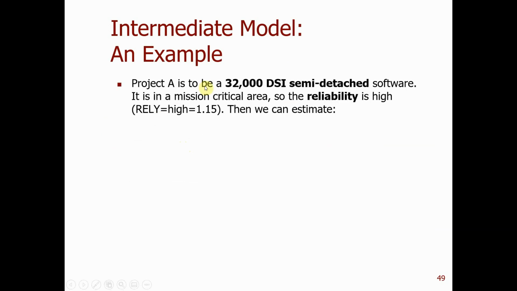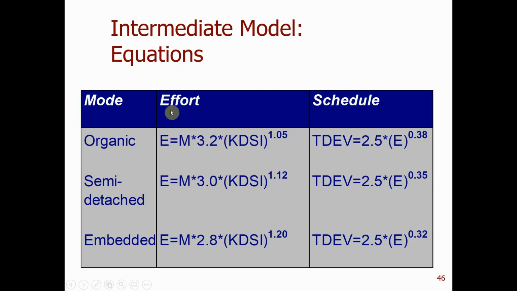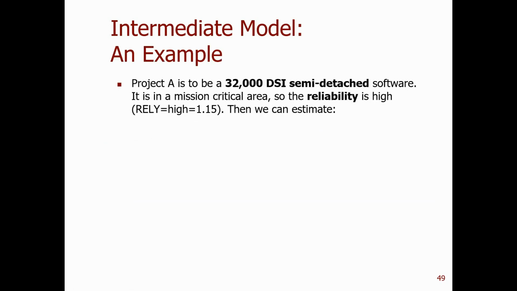Project A is 32,000 DSI and semi-detached. I tell you the mode, and it is in a mission critical area, so the reliability is high. In the past, we considered everything equal to 1, but here the reliability is high. When you look up the table, you see that when reliability is high, the value is 1.15.